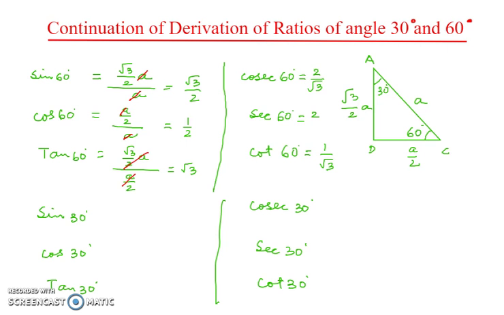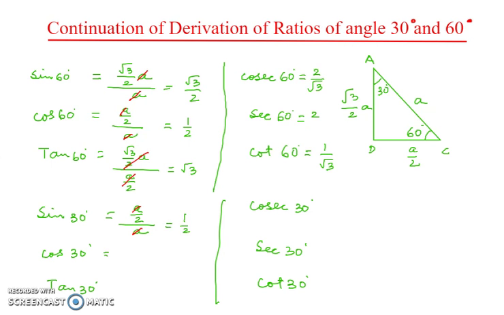All right, so sine 30° means opposite upon hypotenuse. So opposite is A upon 2, hypotenuse is A. If you divide, A and A will get cancelled out, so you will get just 1 upon 2. All right, so sine 30 is 1 upon 2.